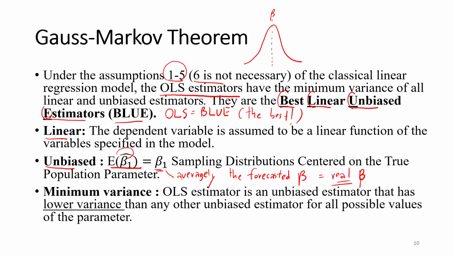And then what they claim is that they have the minimum variance. Our estimator is an unbiased estimator that has lower variance than any other unbiased. So it means this value, they have the lowest of this value.